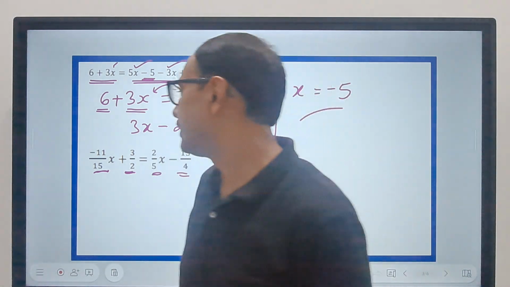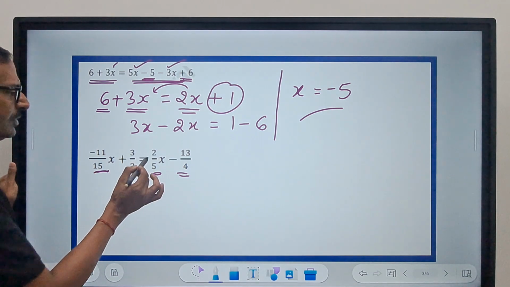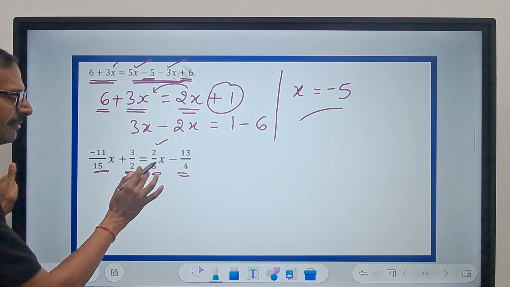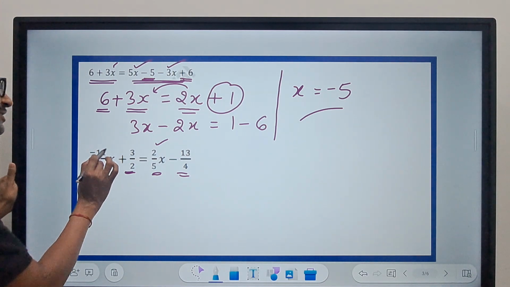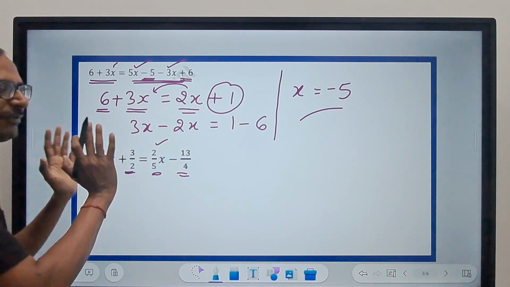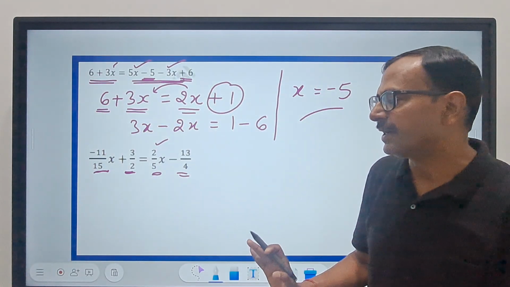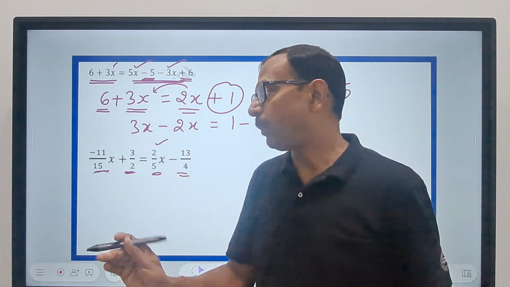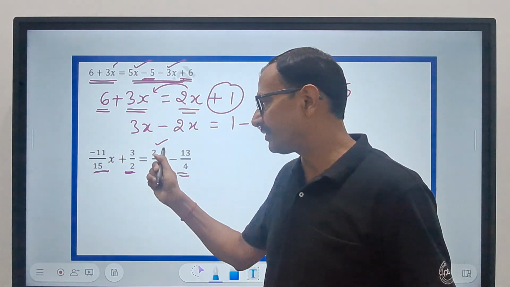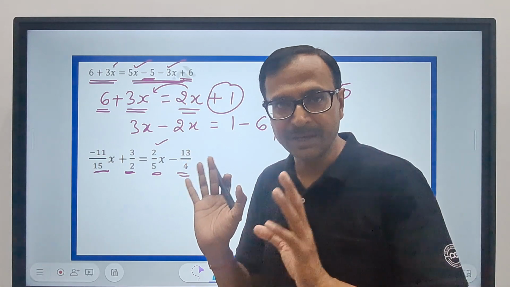on one side. So for that I can do, see, this 2/5 of x is positive, right, and negative 11 by 15x. So I always prefer to make the coefficients of x positive. So when I shift the terms, I ensure that the shifting is done in such a way that the positive term, that side I should have all the terms containing x.